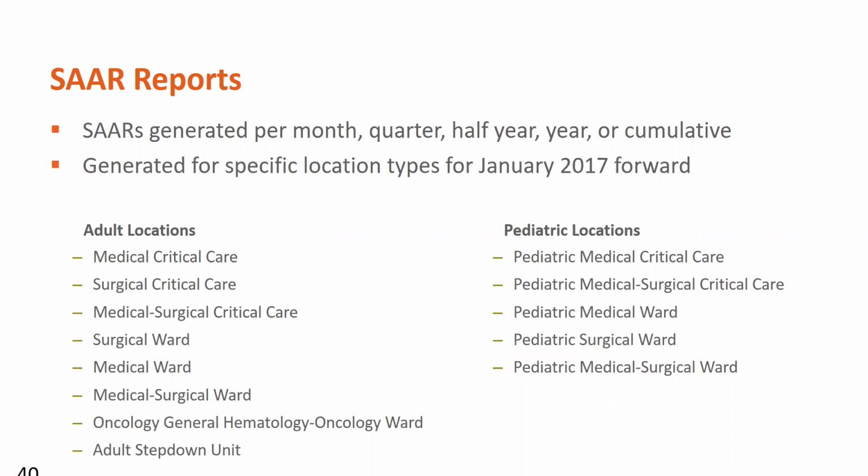And these location types are basically those that we had the most data for, that we felt confident in what we're calling the national aggregate to be able to generate our SAR models. So that's not to say we won't have a SAR in the future for orthopedic wards or other specialty care locations, but for this point in time, the SARs are available for these location types only.